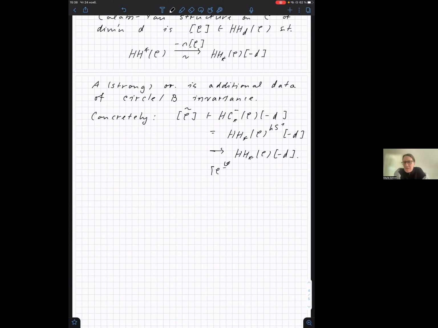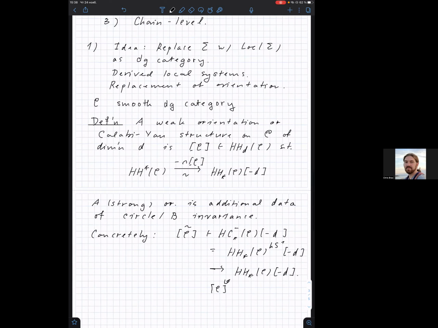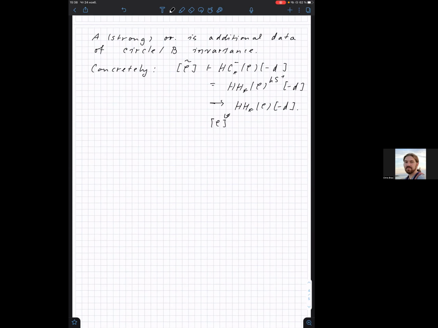Chris, there's been a question in the chat to remind us again of what a smooth DG category is. I think you said it, but I did say it, so let me write it down. So remark. I could give an abstract definition, but let me just give the one that works in examples.